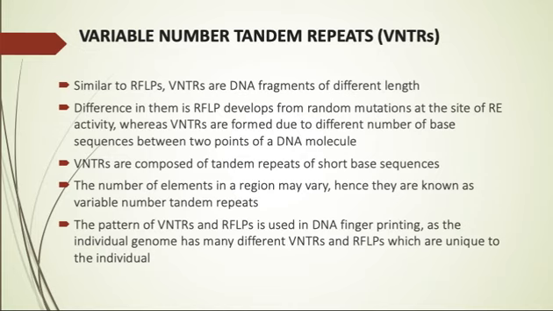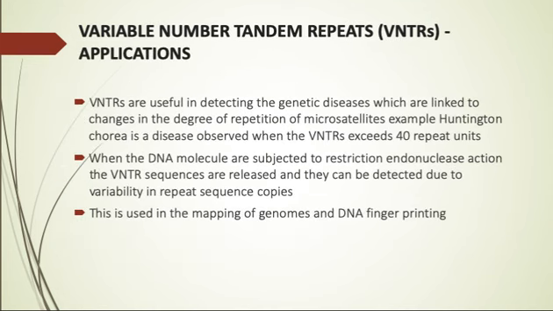The pattern of VNTRs and RFLP is used in DNA fingerprinting, as an individual genome has different VNTRs and RFLPs which are unique to a particular individual. VNTRs are also helpful in detecting genetic diseases which are linked to changes in the degree of repetition of the microsatellites.